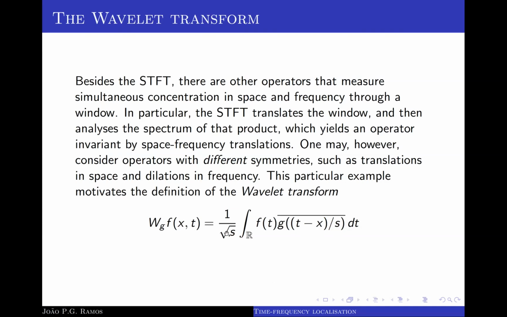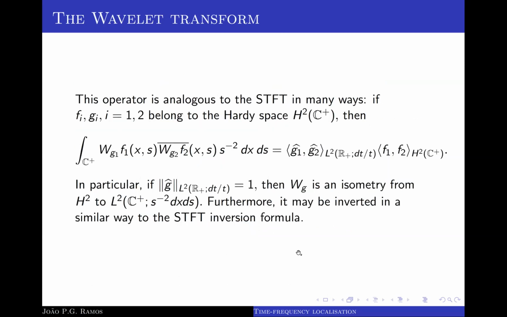So it's dilated in L2 by s. You take g, you adjust the frame, but before adjusting the frame, you take a certain L2 dilation that preserves the L2 norm of g according to s, and then you start looking at what this operator yields. In analogy to the short time Fourier transform case, there are some orthogonality properties.